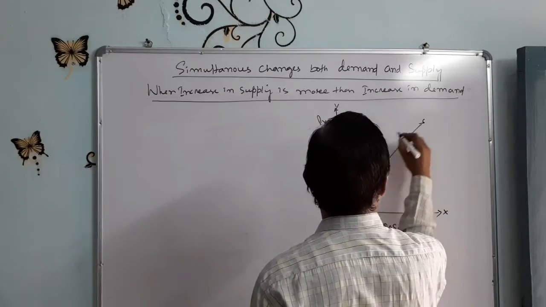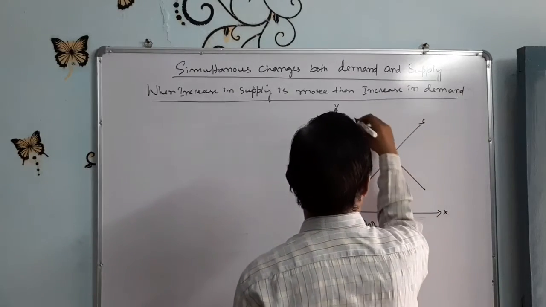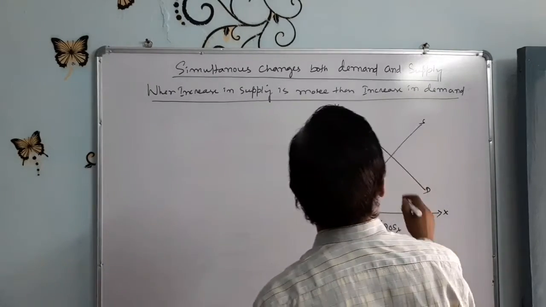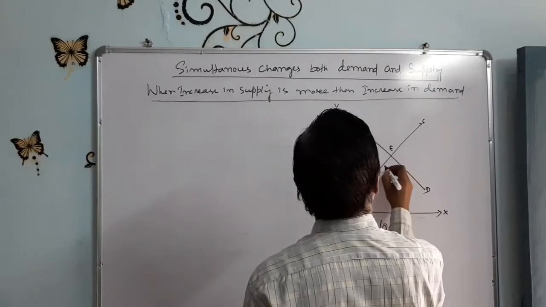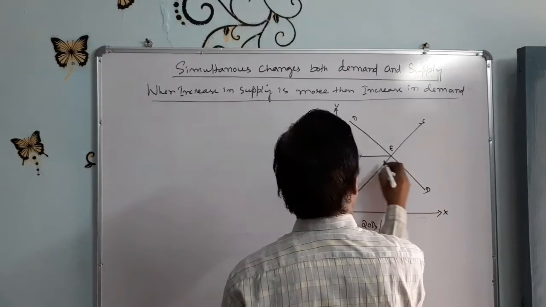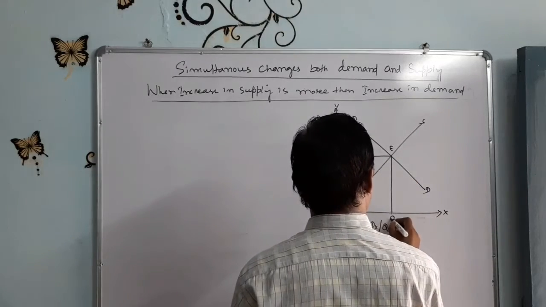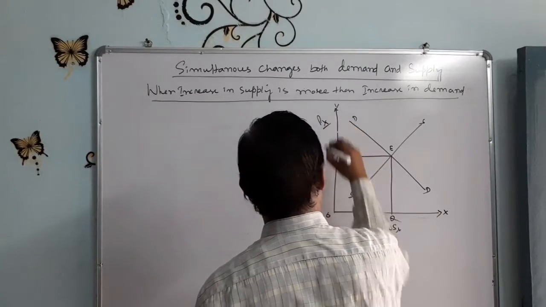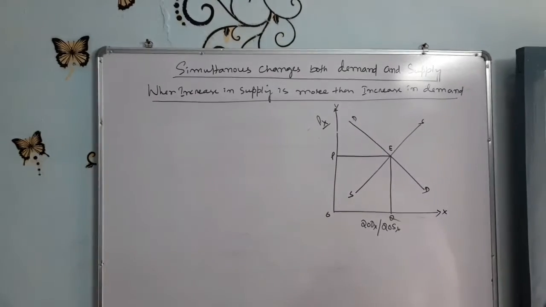SS is the supply curve and DD is the demand curve. E is the equilibrium point, OP is the equilibrium price, OQ is the equilibrium quantity. It is clear, these are the basic normal things. Then the question comes, when increase in supply is more than increase in demand.